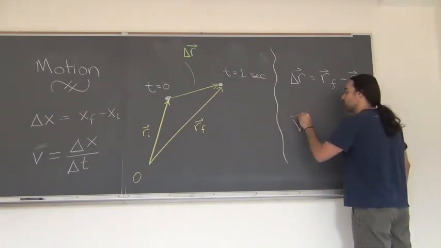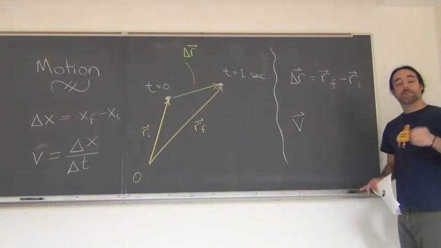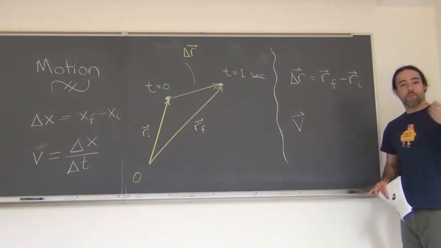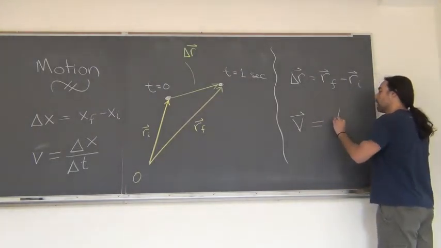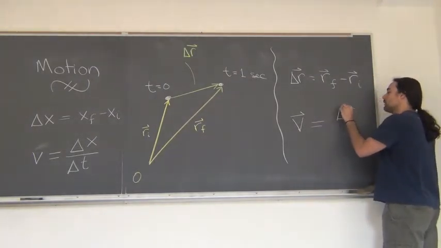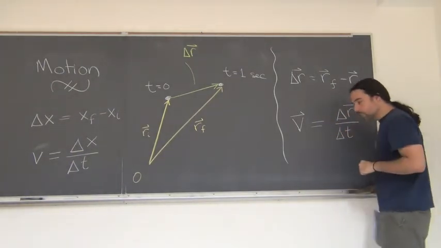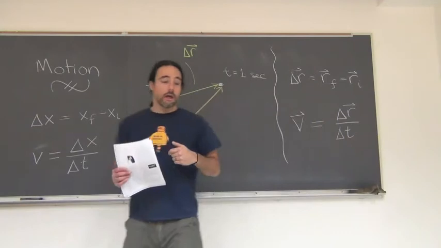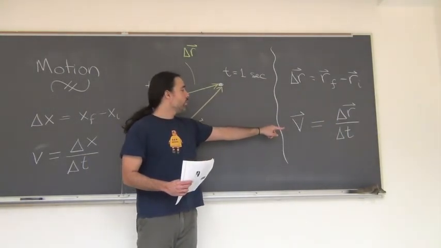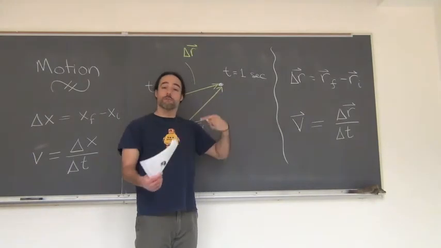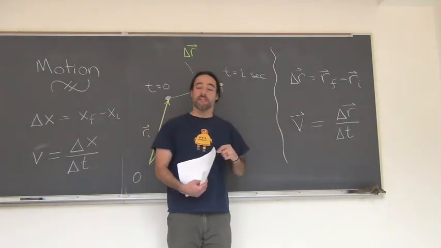It gets the same symbol, but all we do is put the arrow on top of it to make sure we're calling it a vector and not a scalar. But that is just going to be delta r divided by delta t. So just like when we're adding vectors, all I'm doing is dividing each component by that delta t, by that scalar.